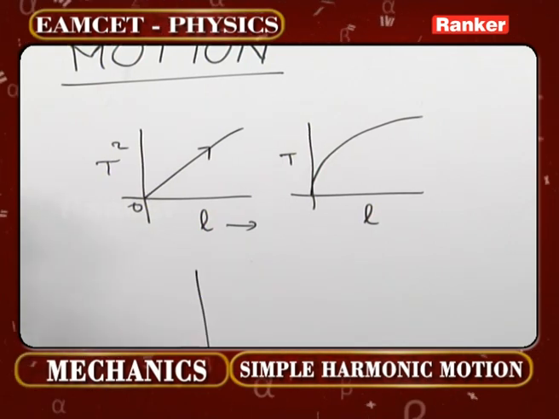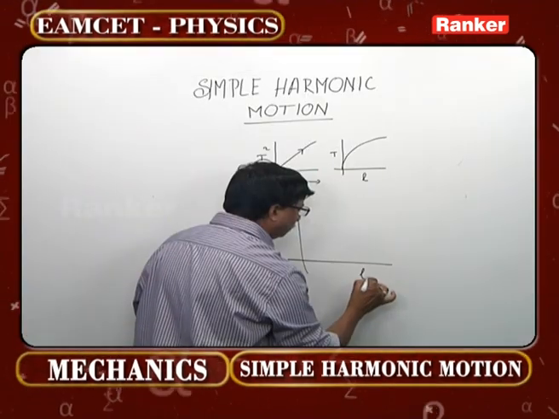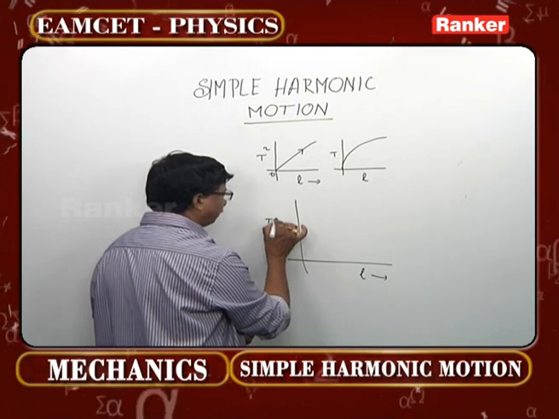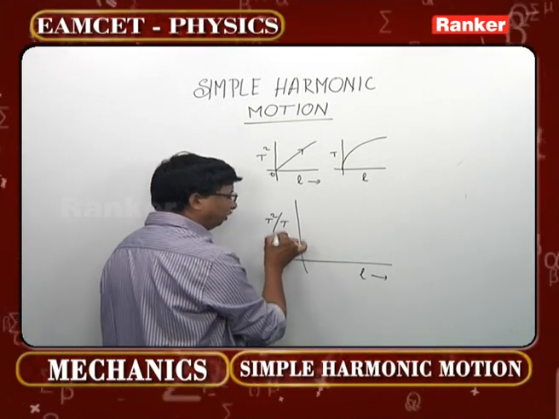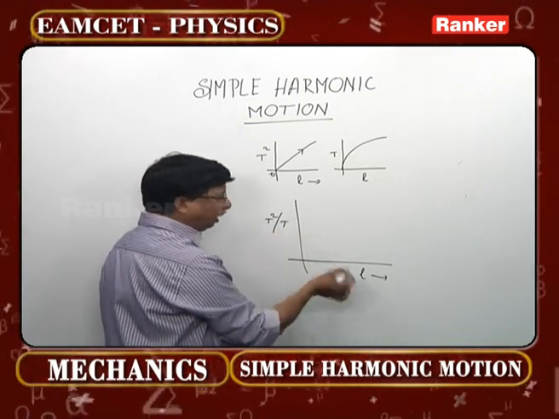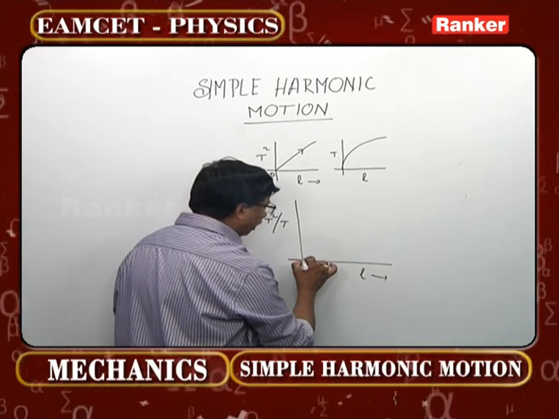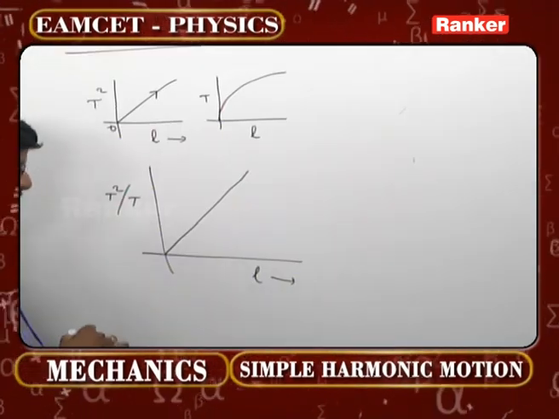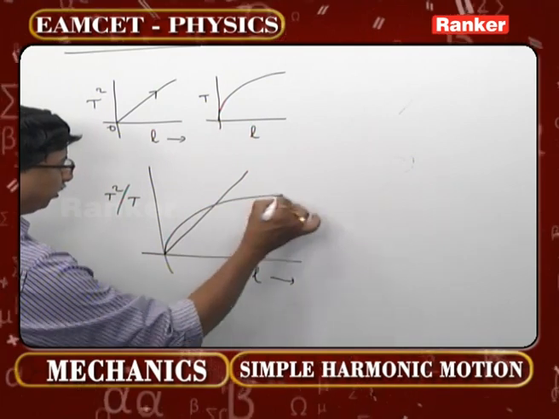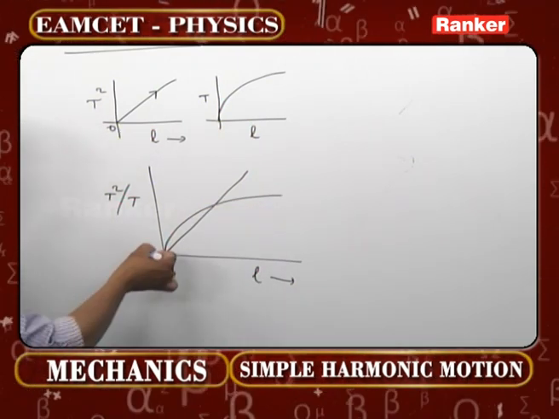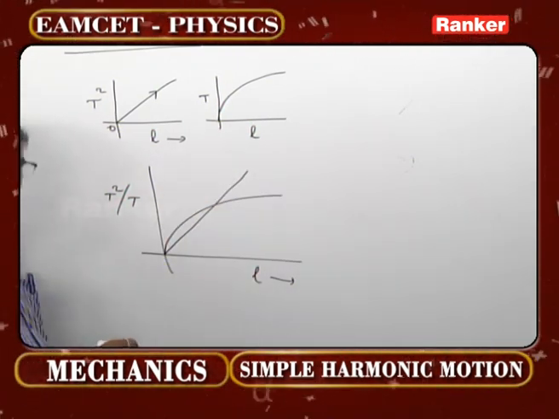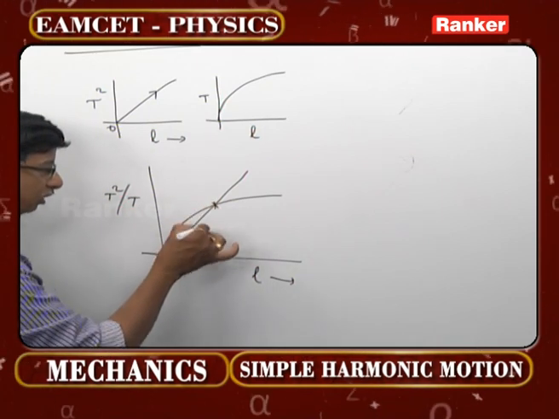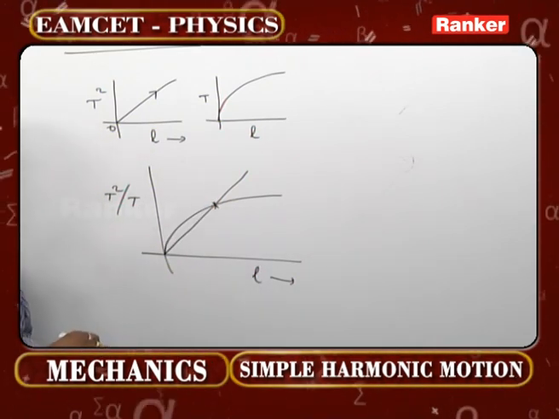Now the concept is, he is asking us to plot both the graphs, LT square and LT graphs, on the same graph paper. Then definitely you will find the curve going there and a straight line like this. What is this point? This is called the point of intersection.